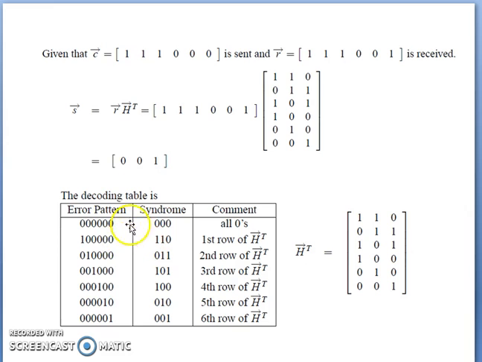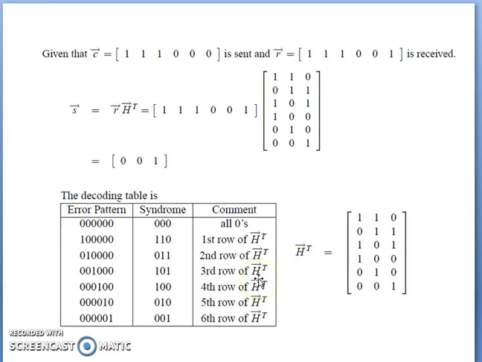If the error is in the second bit, you will get the syndrome 011, and it matches the second row of H transpose. So the detector detects the location of the error, and it tells the transmitter to retransmit the message. So this is the way through which you can detect errors.